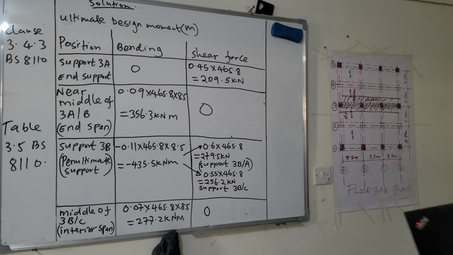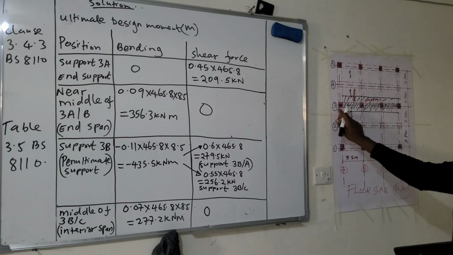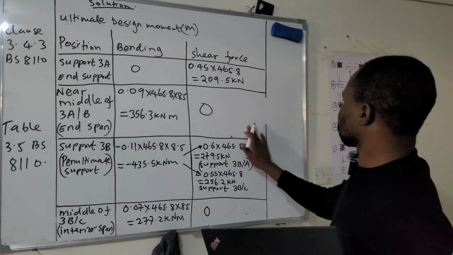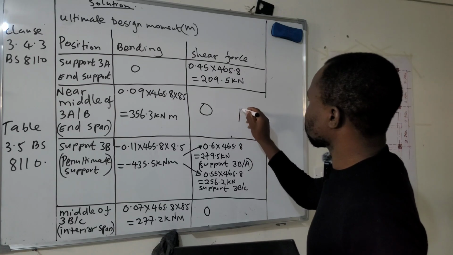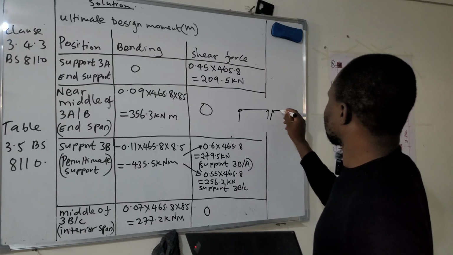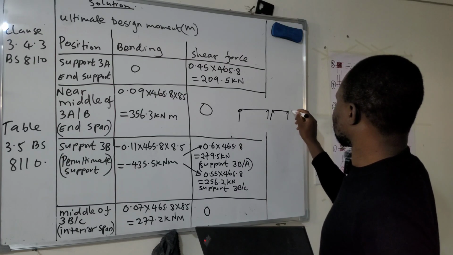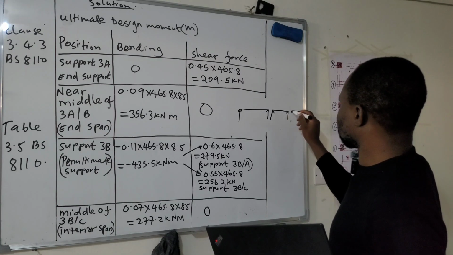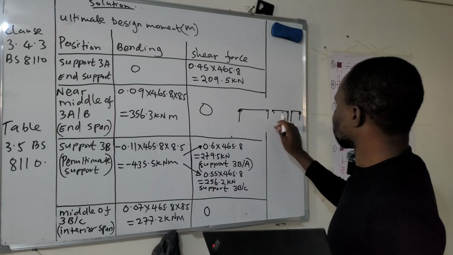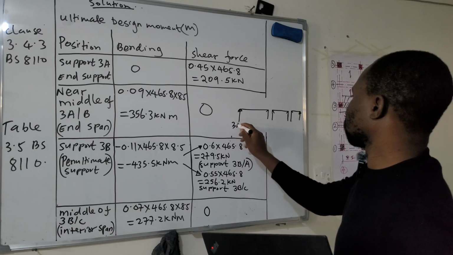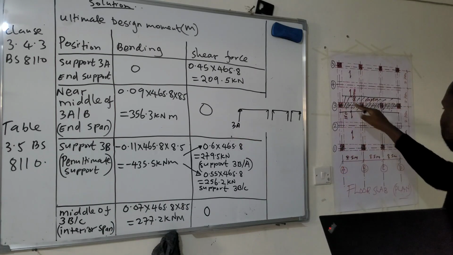A continuous beam means it's a beam which is resting on more than two supports. So we have support 3A.